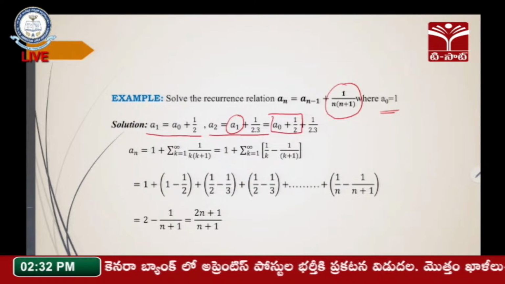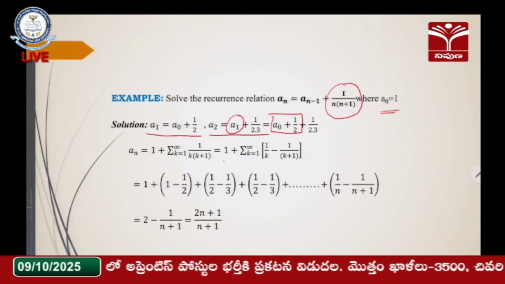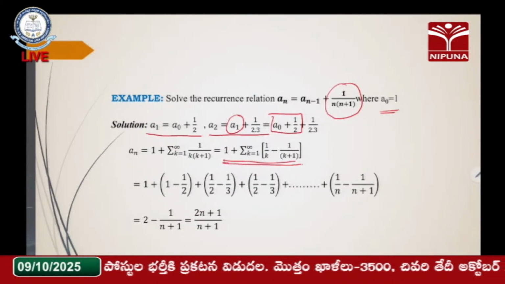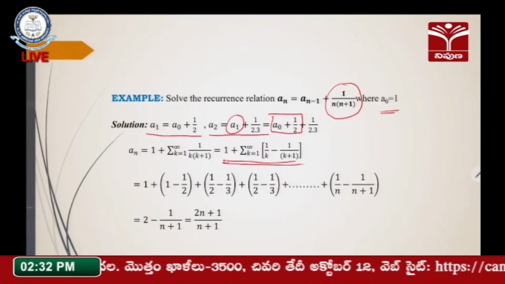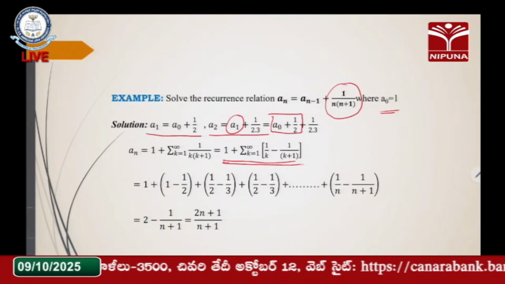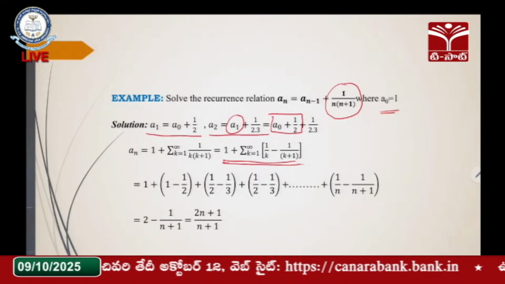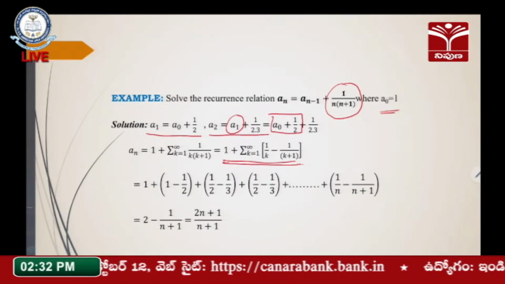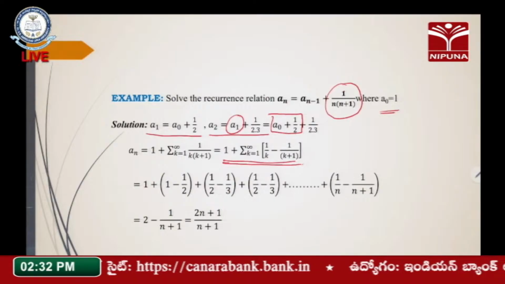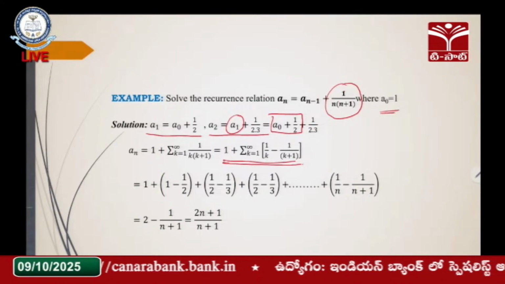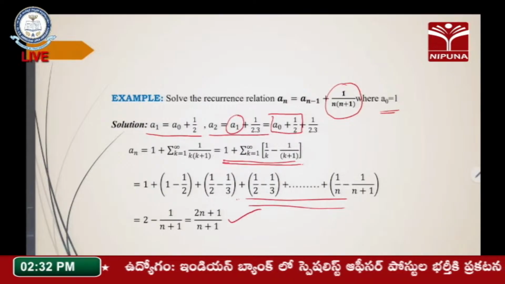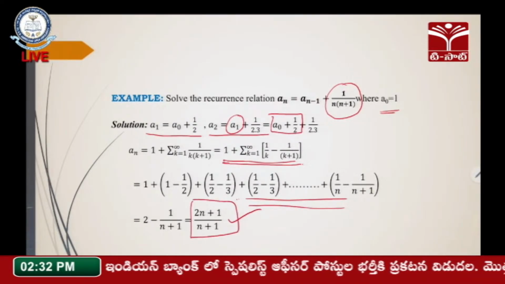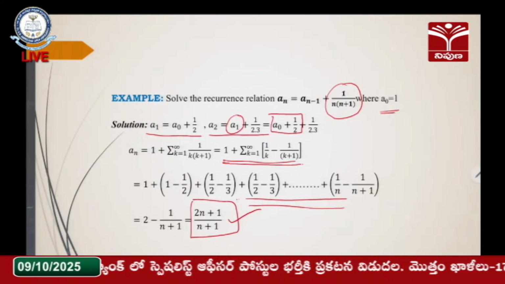Like that, if you go on finding An, your An is nothing but 1 plus sigma n equal to 1 to infinity 1 by n into n plus 1, which you can simplify as 1 plus sigma n equal to 1 to infinity of 1 by n minus 1 by n plus 1. If you expand that summation, it will give you 1 plus 1 minus 1 by 2 plus 1 by 2 minus 1 by 3 and so on.